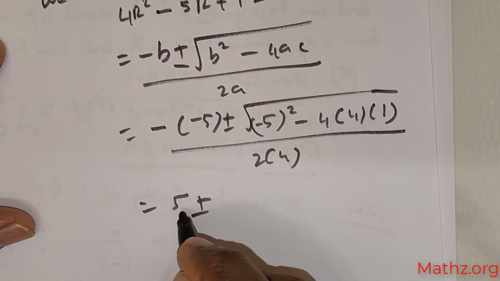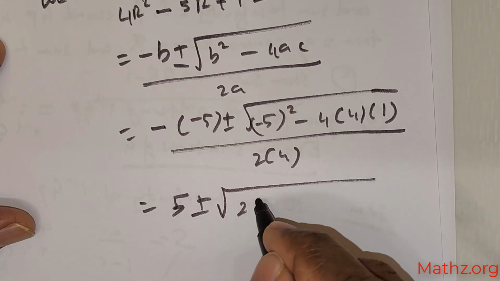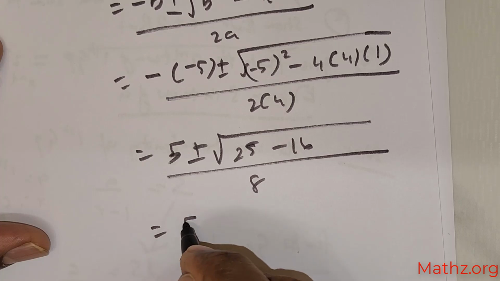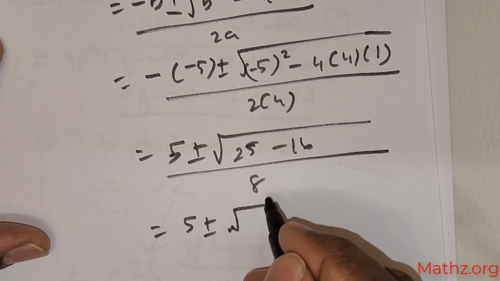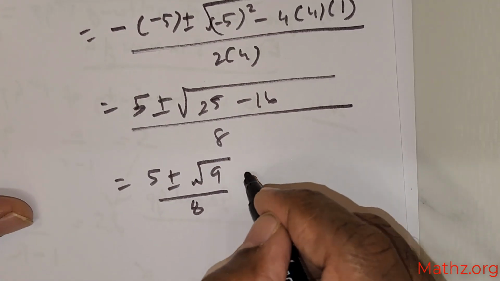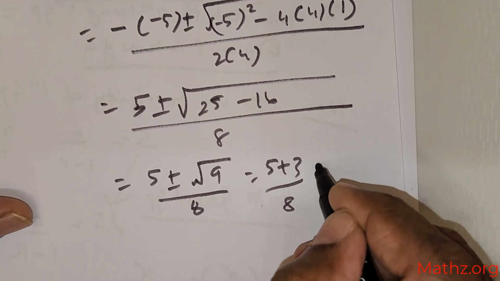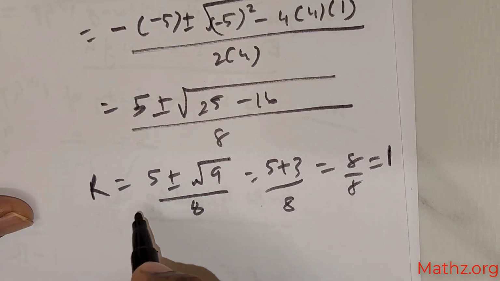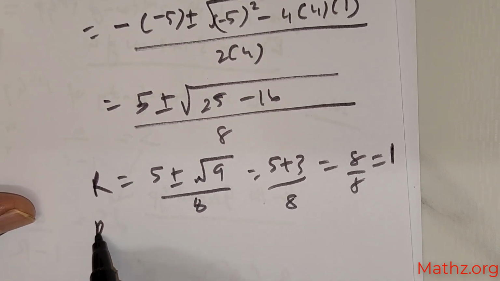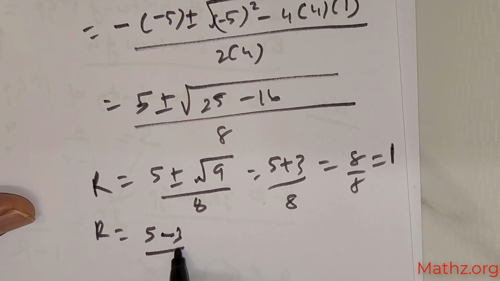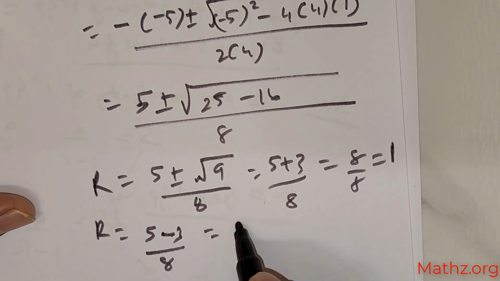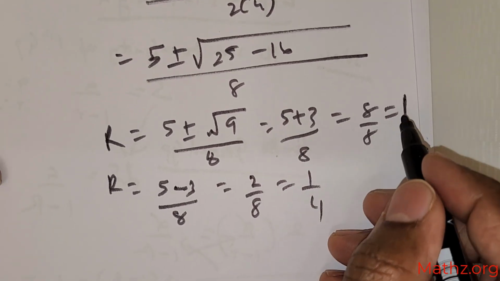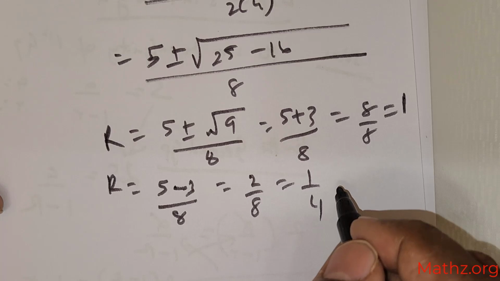This is 5 plus or minus root of 25 minus 16, divided by 8, which is 5 plus or minus root of 9 divided by 8. This is going to be 5 plus 3 divided by 8, which means 8 over 8 is equal to 1. So my r is equal to 1, or 5 minus 3 divided by 8, which is 2 over 8, which is 1 over 4. So r is equal to 1 or r is equal to 1 over 4.